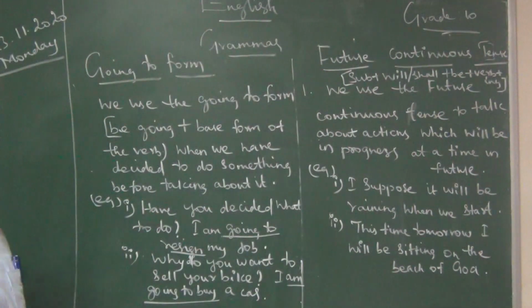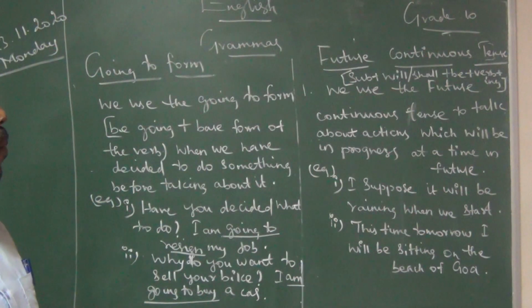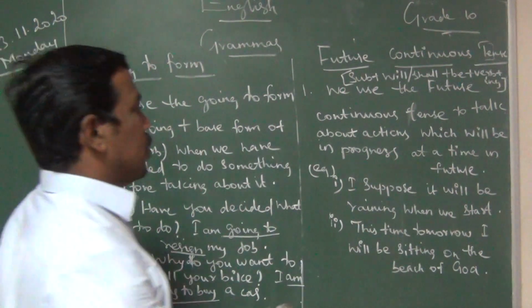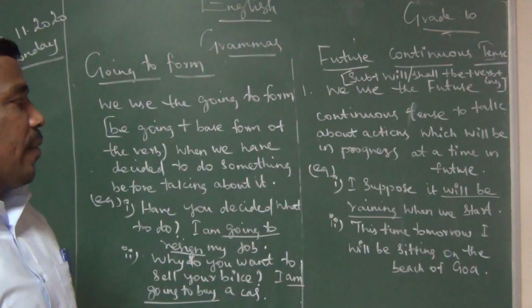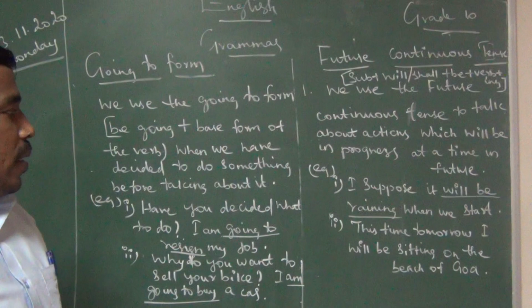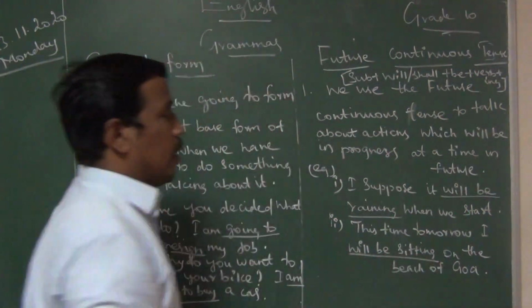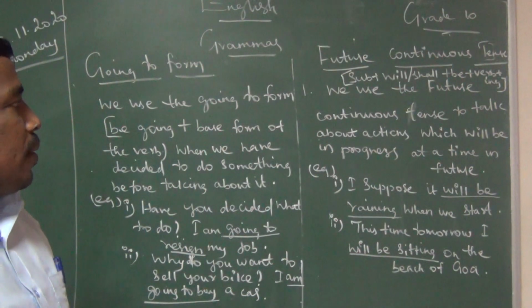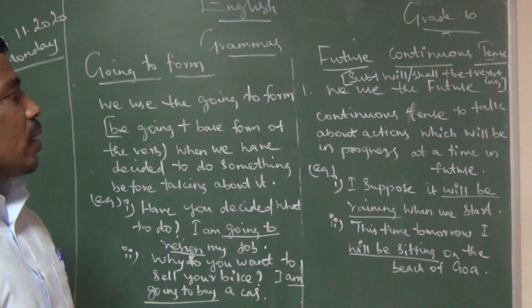Two examples. We use future continuous tense to talk about actions which will be in progress at a time in future. I suppose it will be raining when we start. This time tomorrow I will be sitting on the beach of Goa. Write fast. So this is future continuous tense.